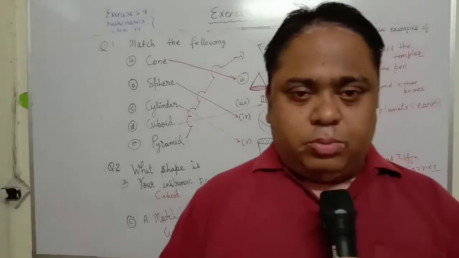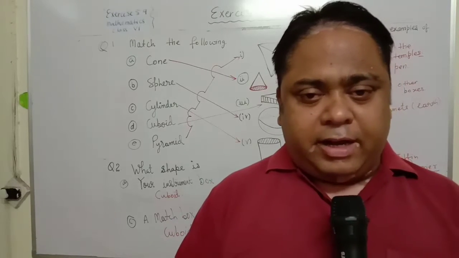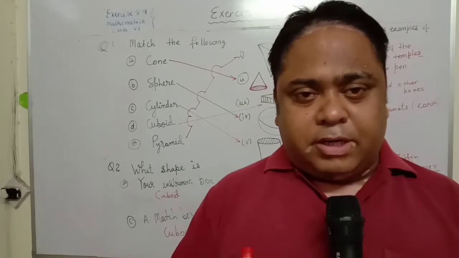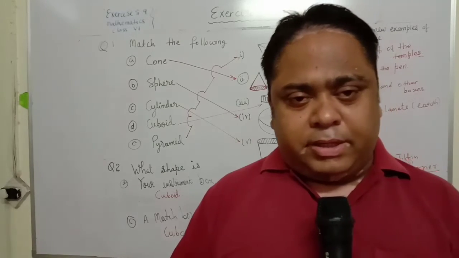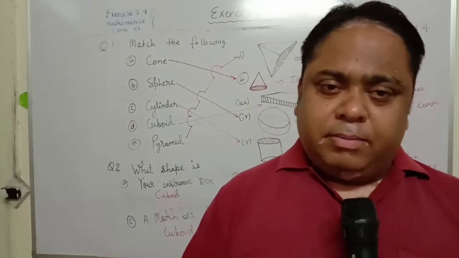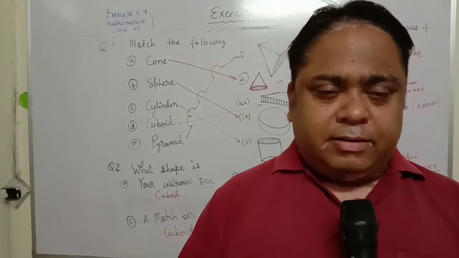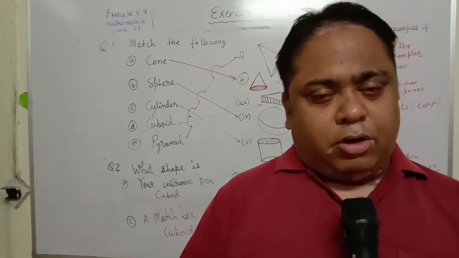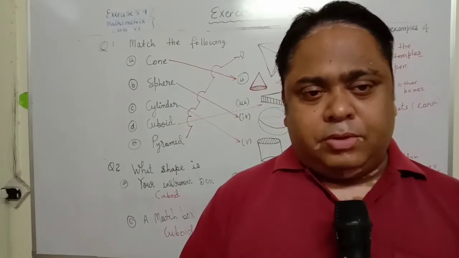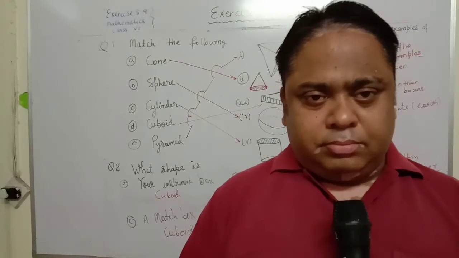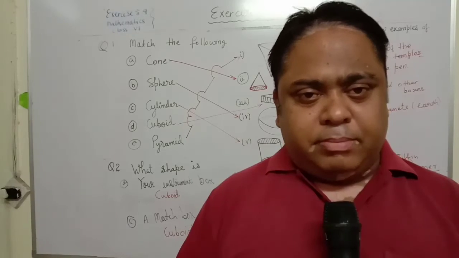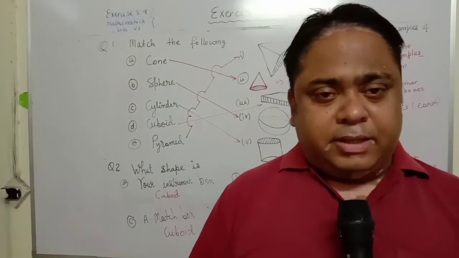In case of a cube, the length, breadth and the height all are same. But in case of cuboid, length is different, breadth is different and height may or may not be the same as length and breadth, or may also be different. So in case of cube, length, breadth and height all are same, but in case of cuboid, length, breadth and height may or may not be same.